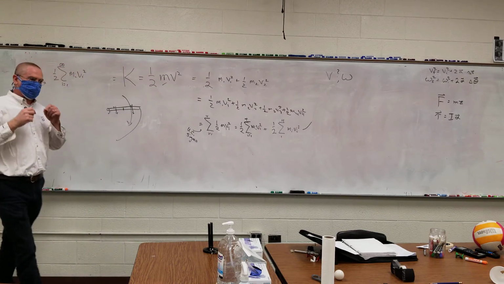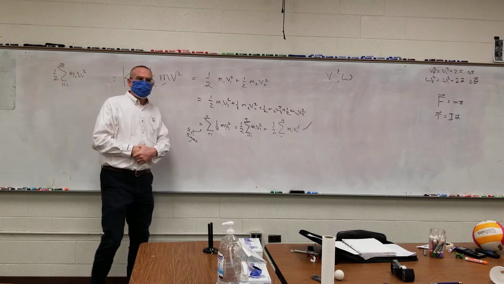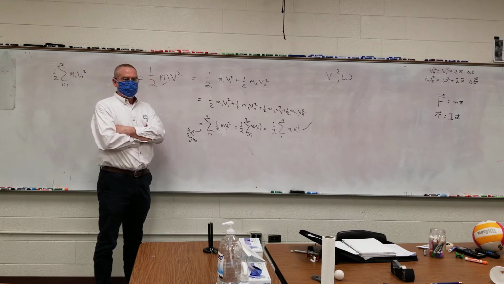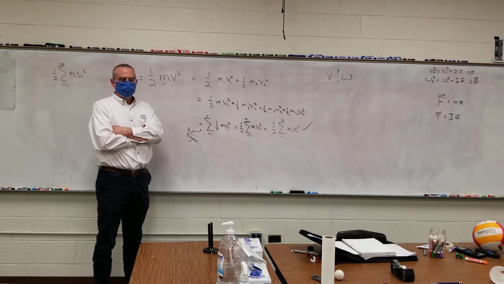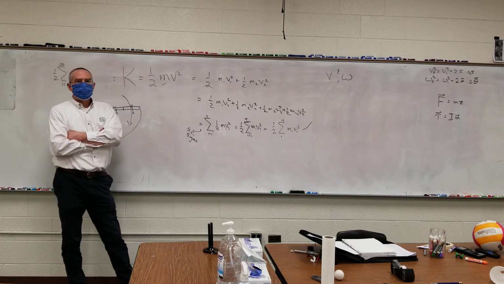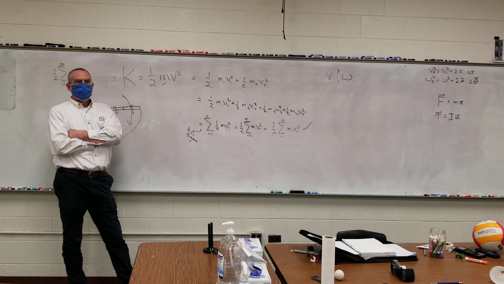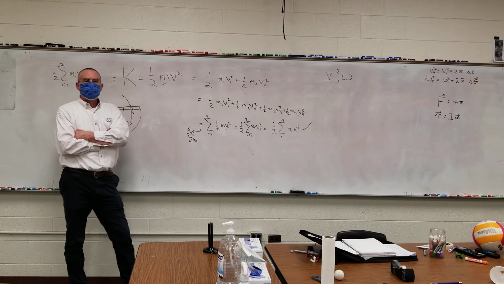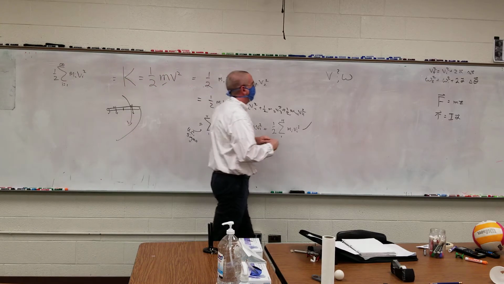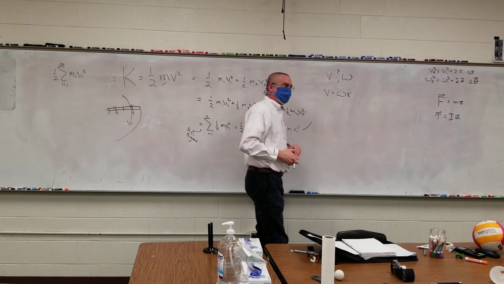It would have been chapter 6. We were starting to deal with centripetal motion. Speed is equal to the radius times the angular speed. Yep. v equals omega r, or r omega.